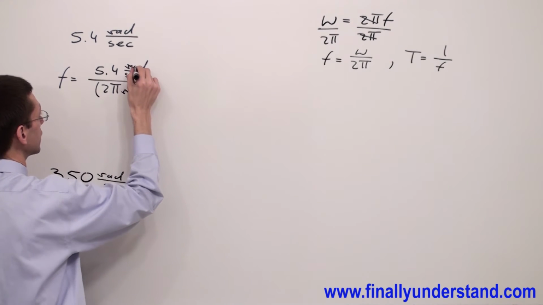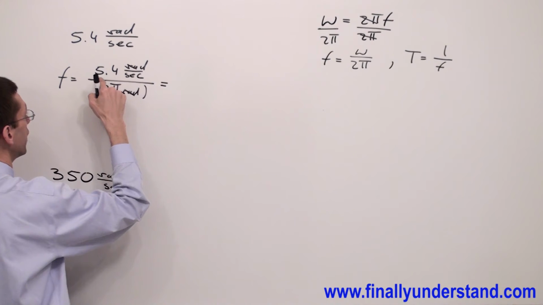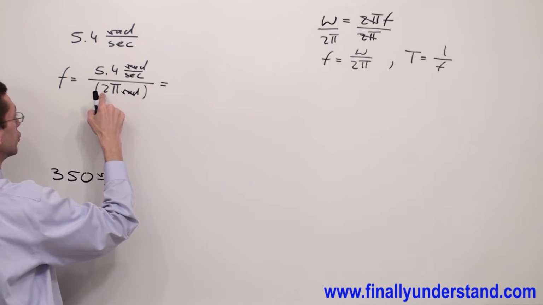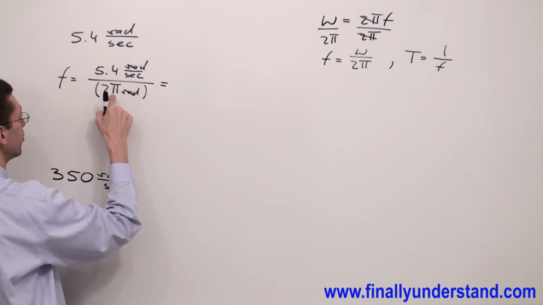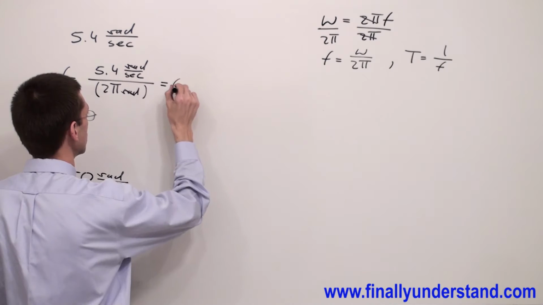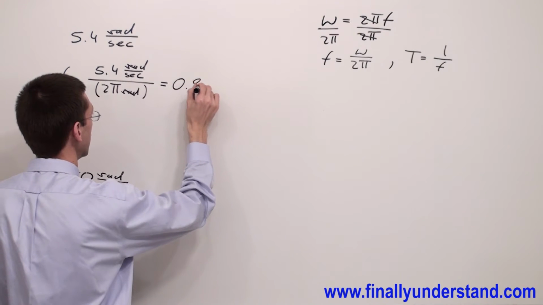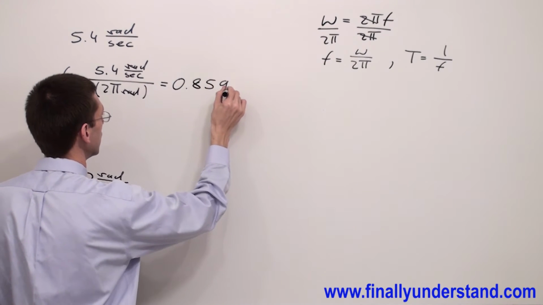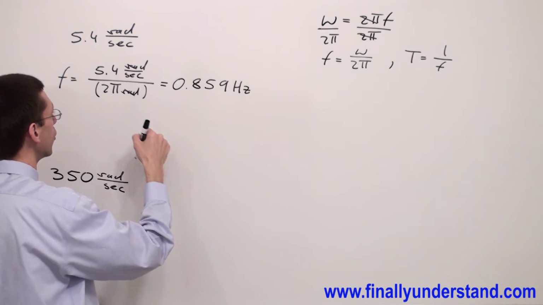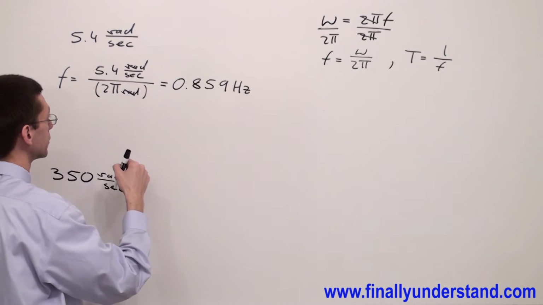Radian and radian will cancel out, and you have 5.4 divided by, open parenthesis, 2 times pi, close parenthesis, on your calculator, which is going to be equal to 0.859 hertz.